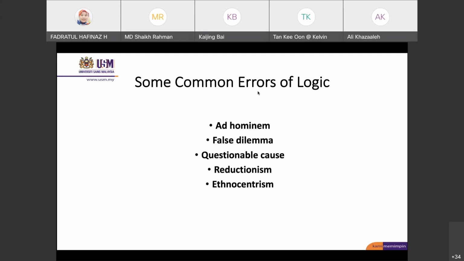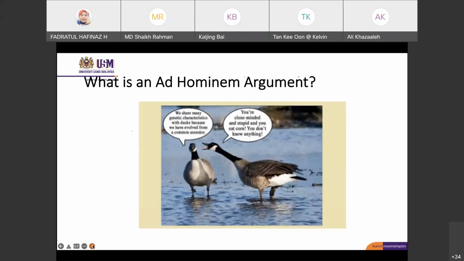Okay, so let's discuss the first two errors of logic, ad hominem and false dilemma. For example, in the slide there are two geese who are arguing. The goose on your right is saying that you are very close-minded and stupid, and you only eat corn and you don't know anything. That goose on the right is making the first common error of logic, what we call ad hominem.